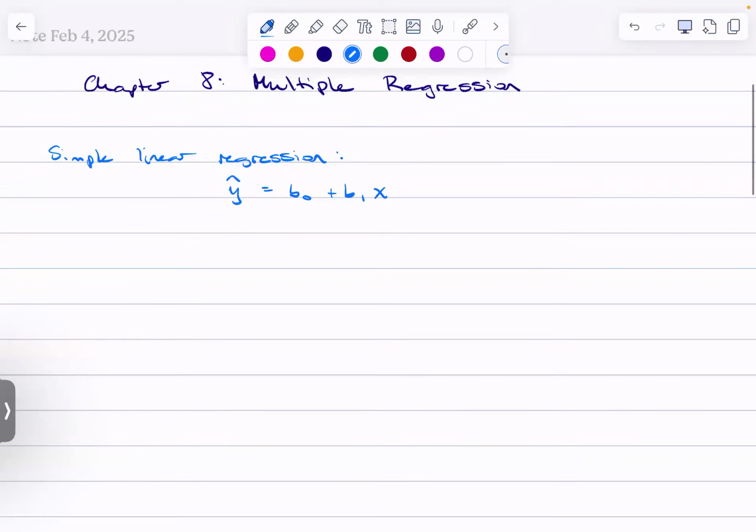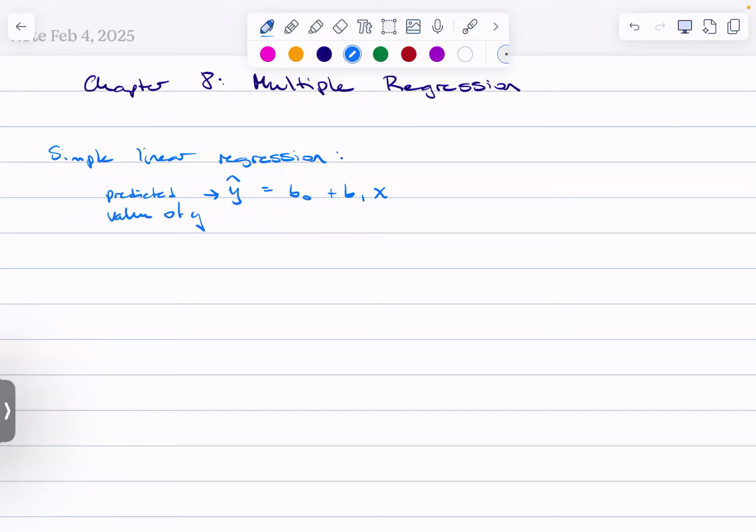That points us in the direction of what we're going to do with this line, which is to predict new values of y given some input x.